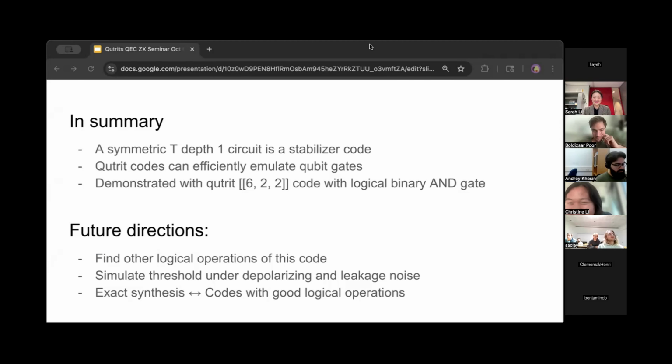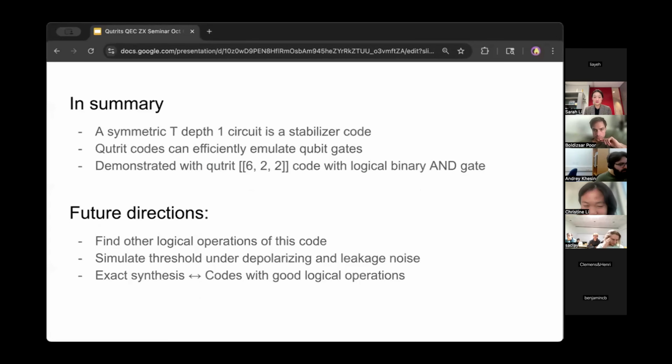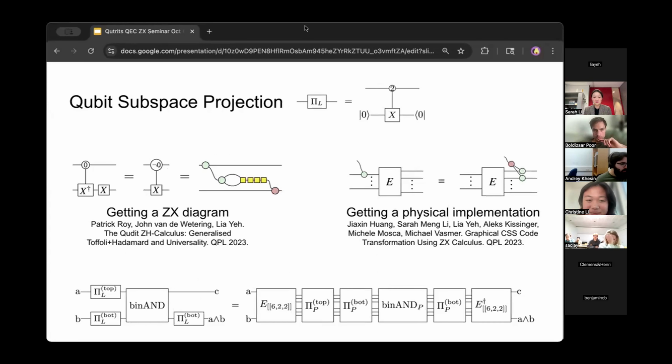So I have a question based on the last slide that you showed. Here you talk about this qubit subspace projection, and how you can project some of the qutrits. Can you define a code which goes from, let's say, 2 qubits to some qubits and qutrits?